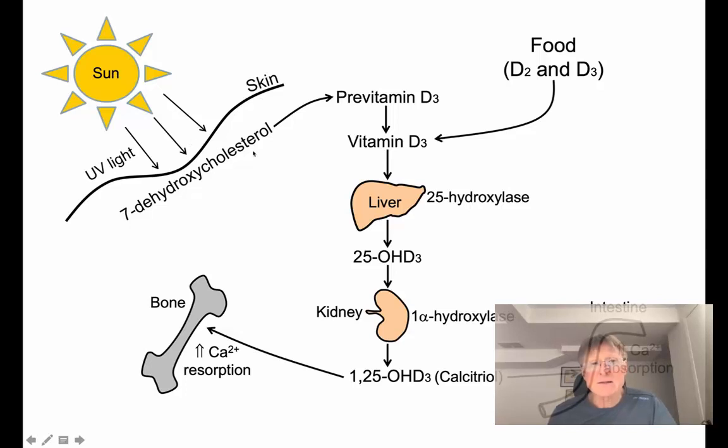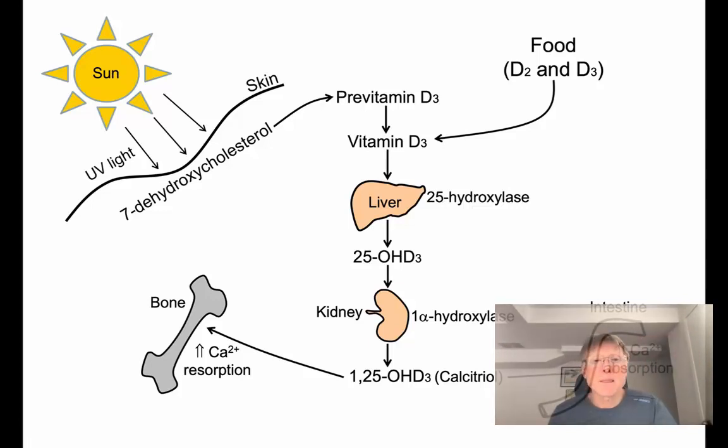In both cases, vitamin D3 in your blood has to go through the liver, and there is an enzyme called 25-hydroxylase. What 25-hydroxylase does is add a hydroxyl group to the carbon positioned at the 25 spot within the molecule.